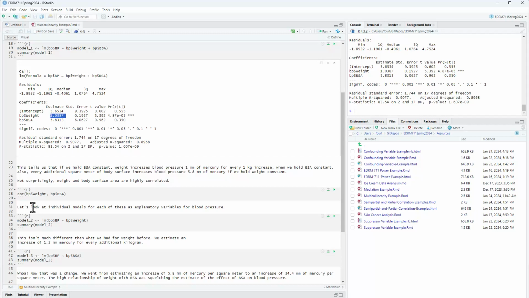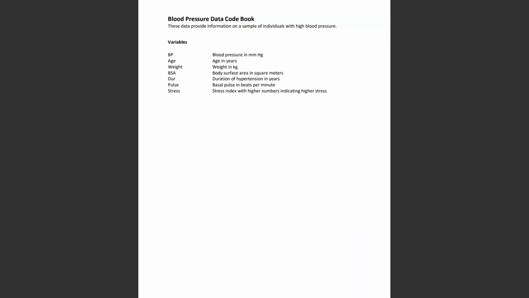If I were to show you the actual code book for these variables, which I could do right now, we see that blood pressure is given in millimeters of mercury, age is in years, weight is in kilograms, body surface area in square meters, duration of hypertension in years, pulse in beats per minute, and then a stress index with higher numbers indicating higher stress.